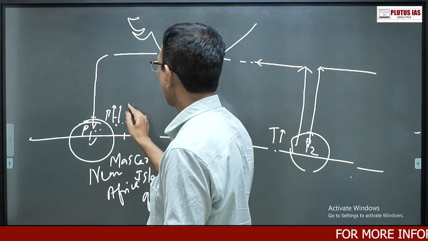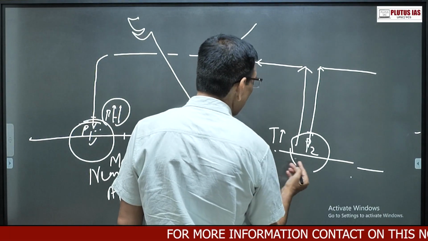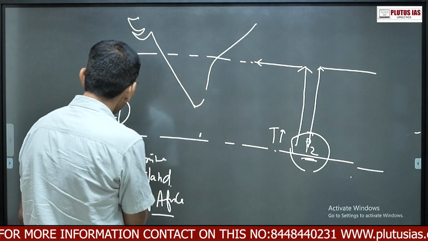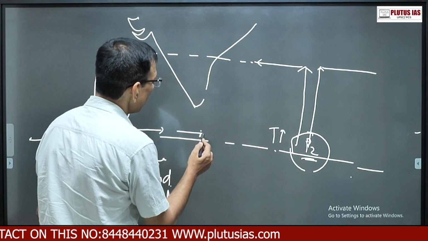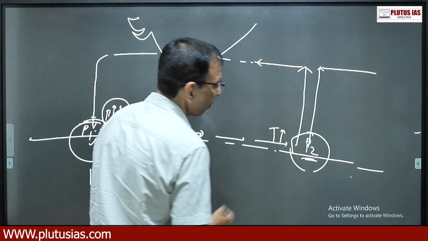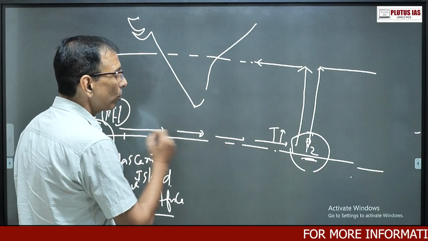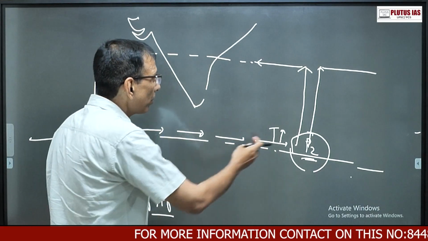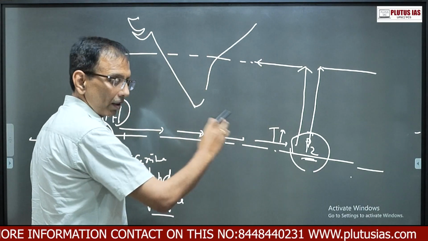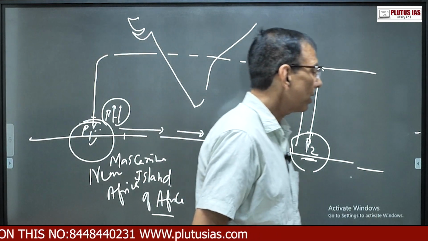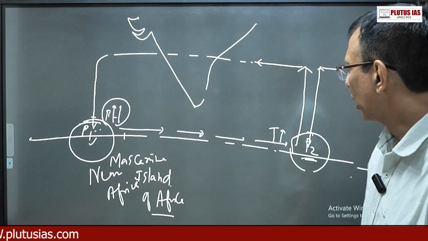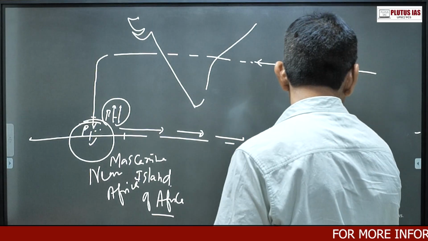Following this high pressure and low pressure of P2, winds have the tendency to flow from P1 to P2. This is a particular type of circulation that develops over the Indian Ocean, right?